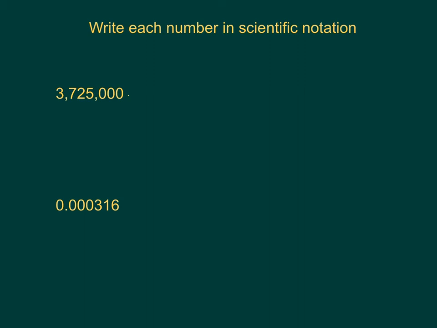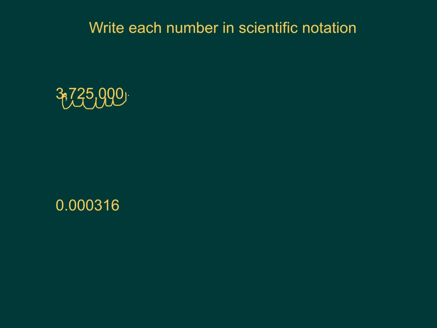Once we get that, we know that's where our decimal point needs to be because scientific notation always has a number in the ones place and then any numbers after it. So I'm going to move it over and I'm going to count how many times. 1, 2, 3, 4, 5, 6. That puts our decimal point right here between the 3 and the 7.